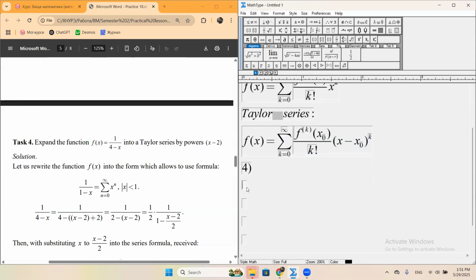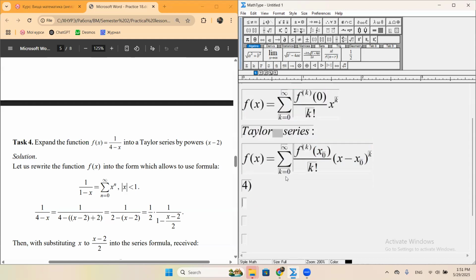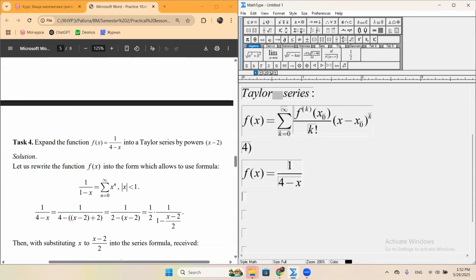So first of all, we will rewrite the function as a geometric series. So 1/(4 minus x). Okay, we will use the expansion of 1/(1 minus x).